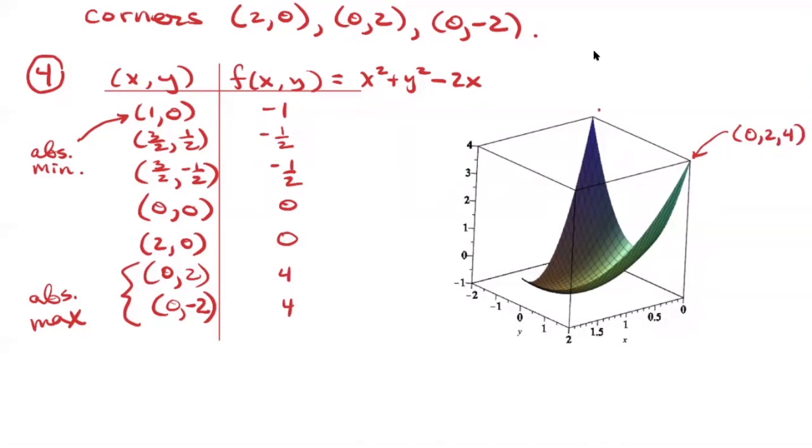Okay. Back here is 0, -2, 4 there. The min, absolute min, is down in the bottom here. So that's 1, 0, -1.